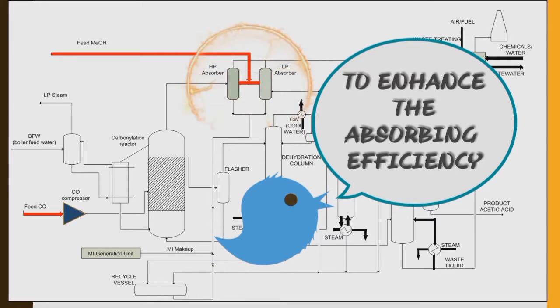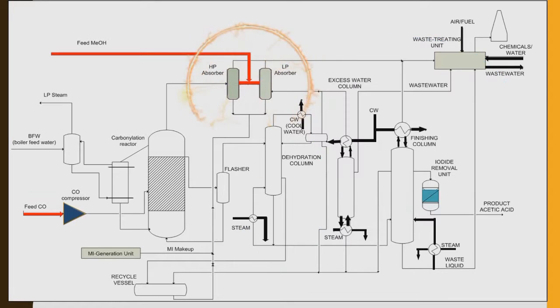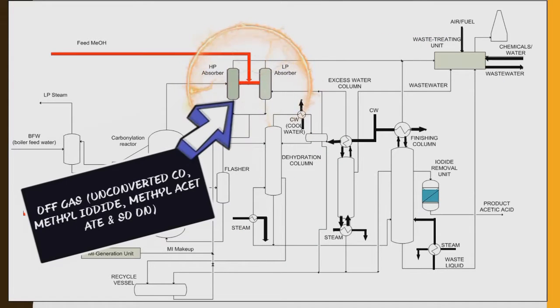This is to enhance the absorbing efficiency. The part of the methanol feed contacts the reactor off-gas in the HP absorber, which contains the unconverted carbon monoxide, methyl iodide, methyl acetate, and so on.